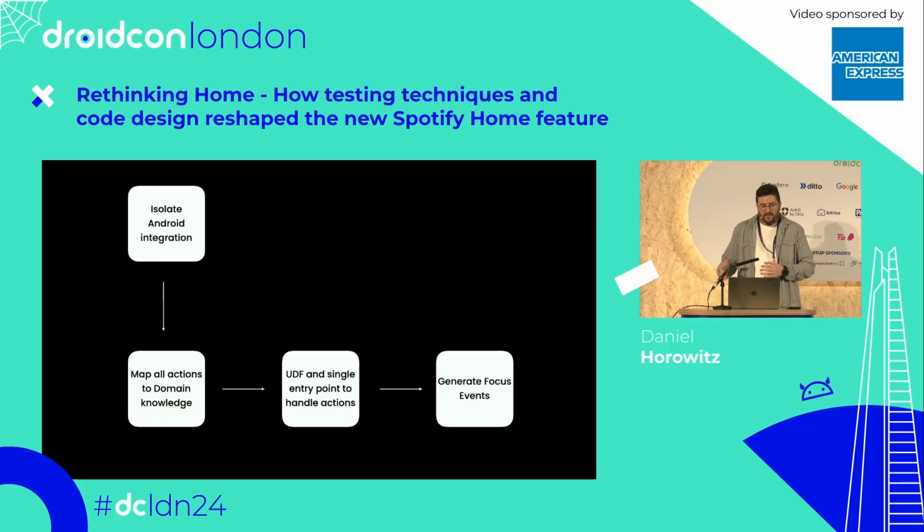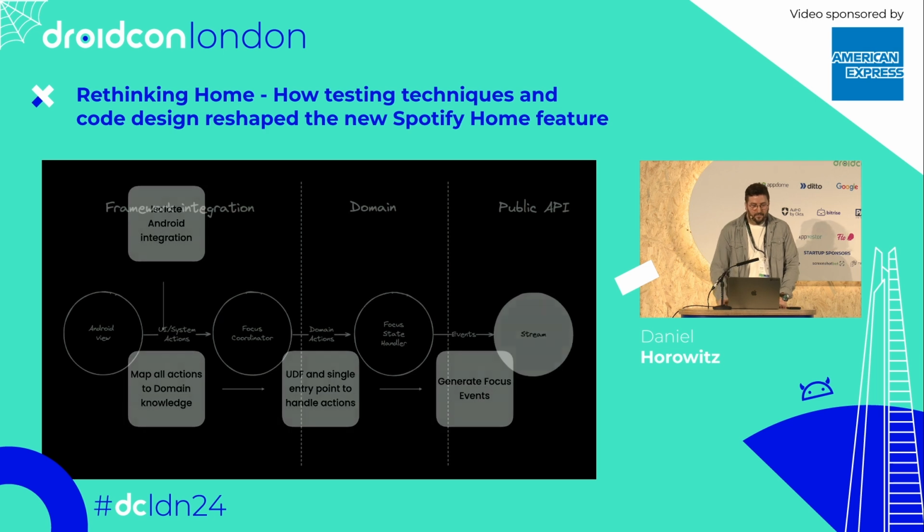So the strategy I used to improve this design was to first completely isolate the Android integration, then map all the actions to my domain knowledge, then apply some patterns like UDF and a single entry point to handle these actions, and then generate the focus events.